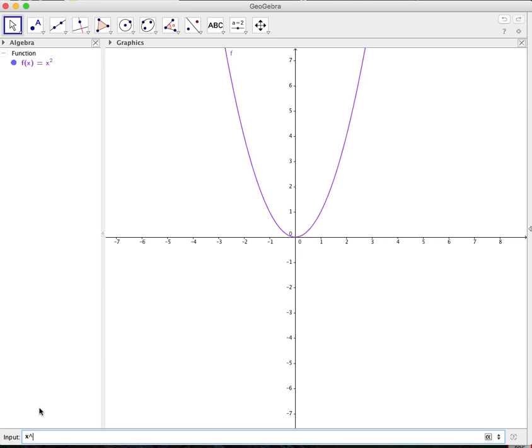What does that look like? Wow, so this U-shaped thing. How about the square root of x? That's SQ for square, RT for root, and we'll just put in x, square root of x.